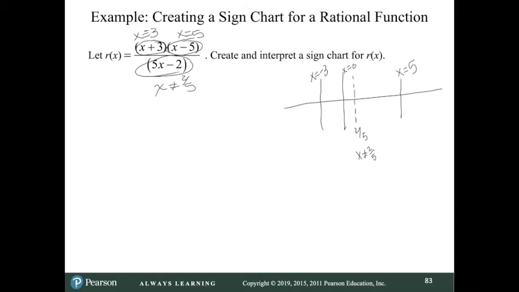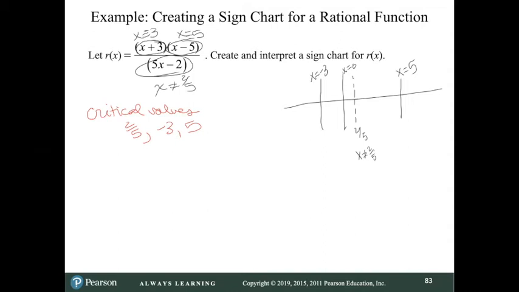Okay, now this is going to turn into our sign chart. So what I'm looking at is my critical values, which are 2/5, -3, and 5. These are where x does something weird, right?